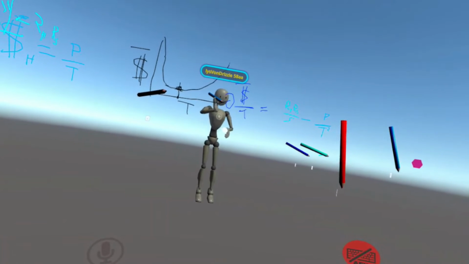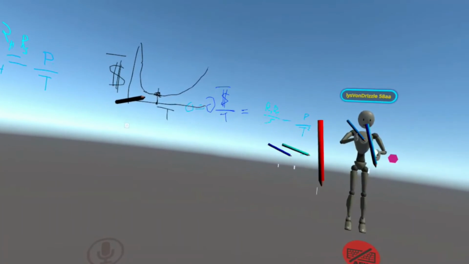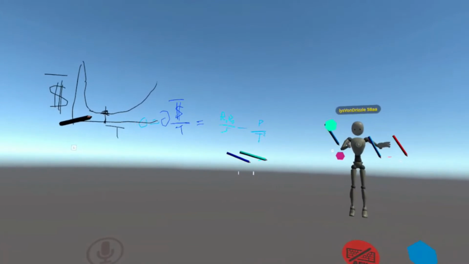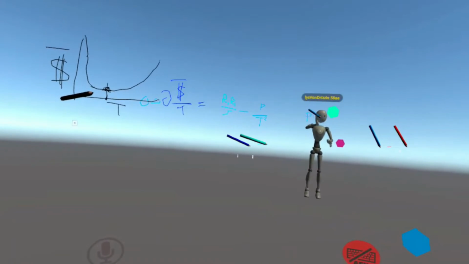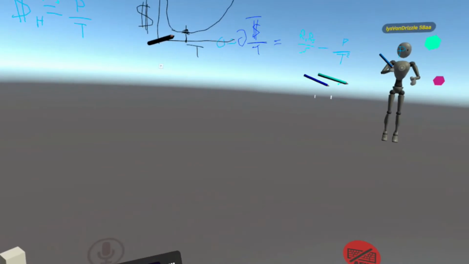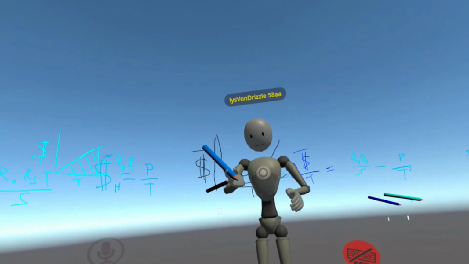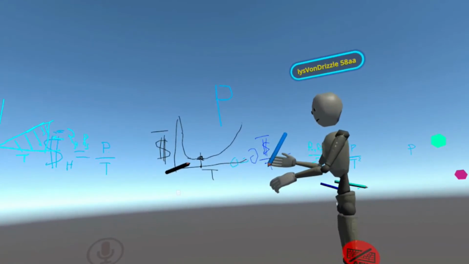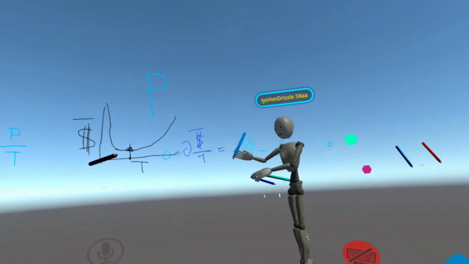So we're finding the maximum or the minimum. At the extremum the slope is 0, so we set this equal to 0, and basically we set these two terms equal to each other. We have P over T squared on one side.